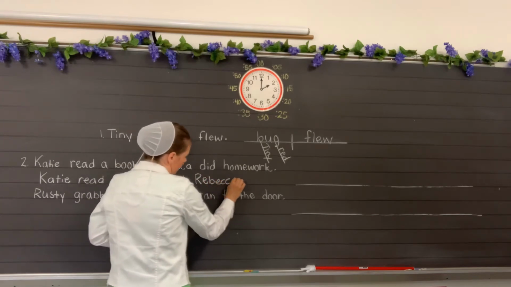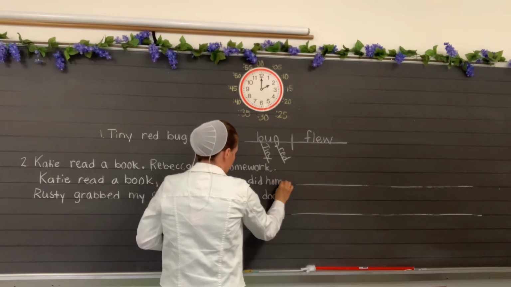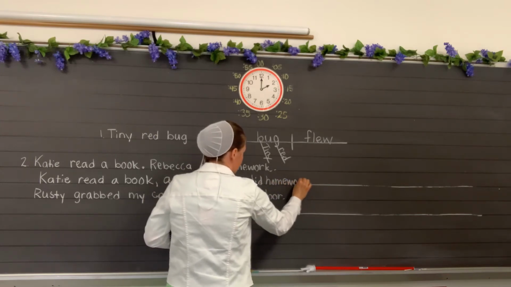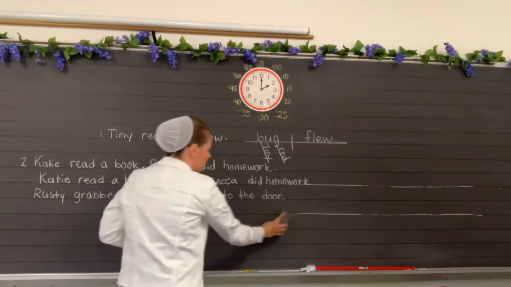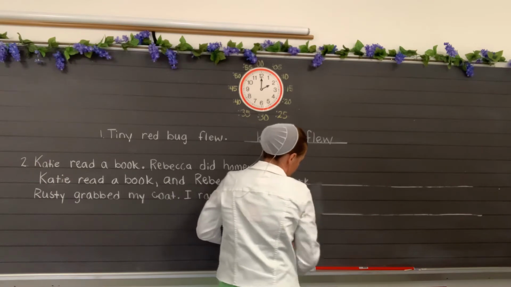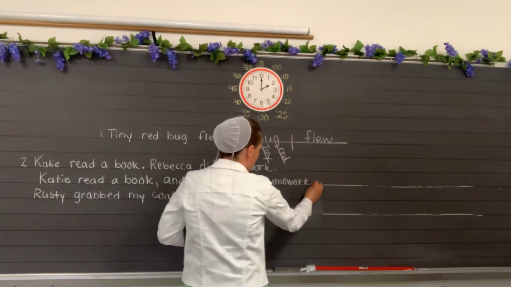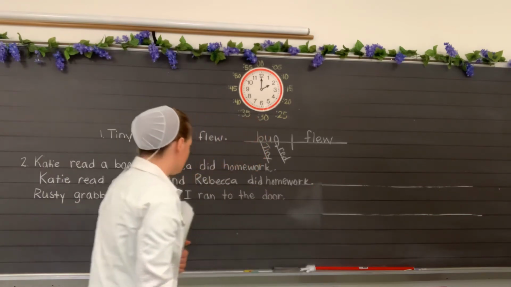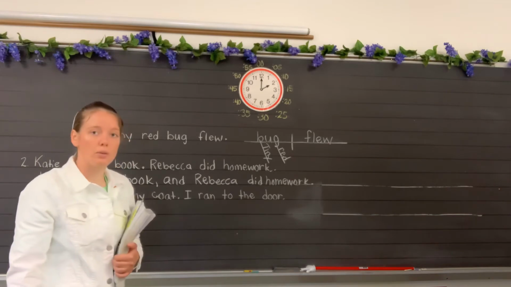Rebecca did homework. Okay, so then we need our period at the end yet, and then we're all finished. Katie read a book, comma, and Rebecca did homework.